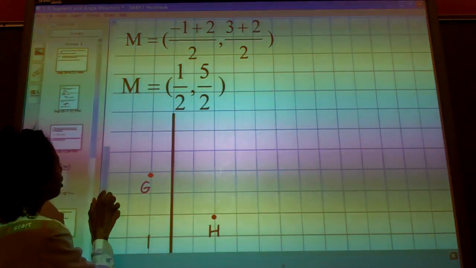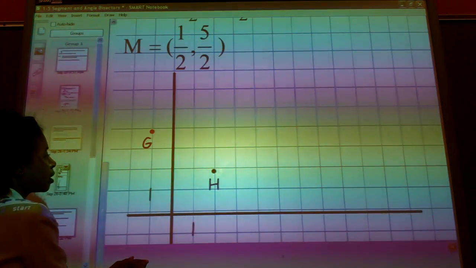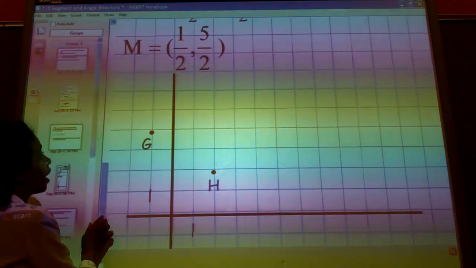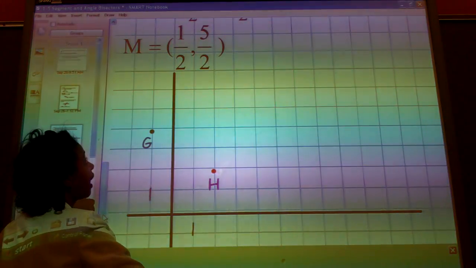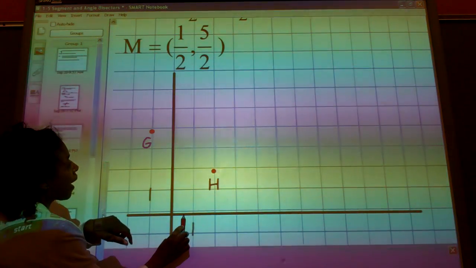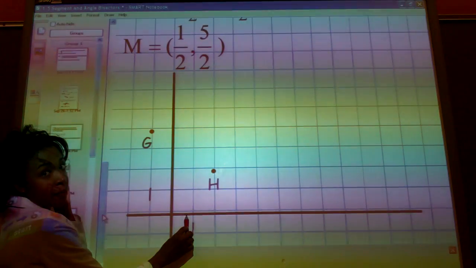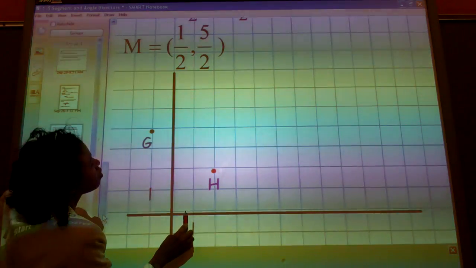Okay, and if we have it here, my X and Y, how do I do that? Looking carefully on my screen, I have X at 1/2. So this is the 1, I have to go about a half. And then my Y, I move up 5/2. Well, 5/2 is equivalent to what? Okay? How many 2s in the 5?